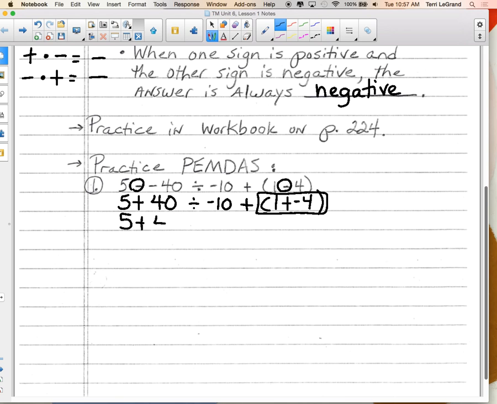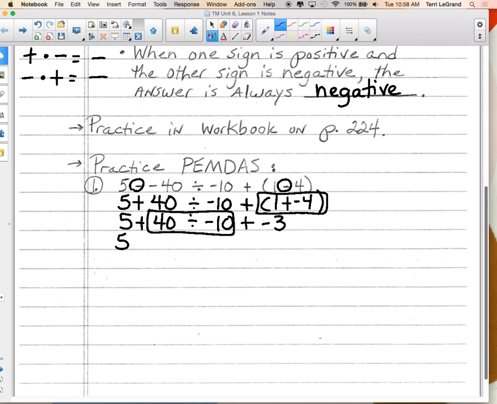It's coming along. One plus -4 is -3. Good job. What comes next? Division. The division will come next, so now we'll box that.